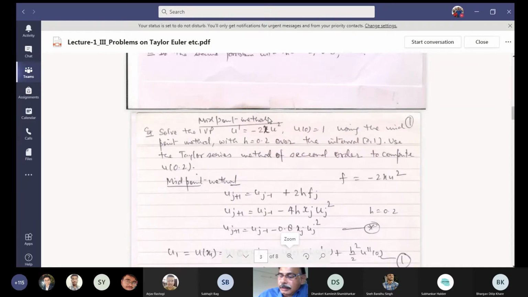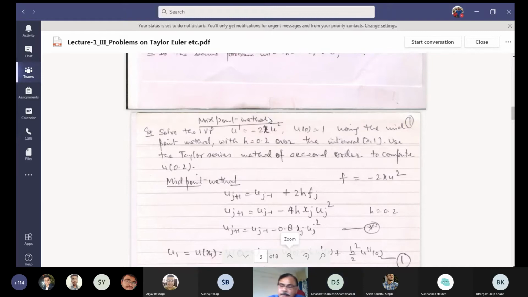So this can be written as finally u_{j+1} equal to u_j minus 2h x_j u_j square. Got it? Everybody got this? Yes, sir. Okay.